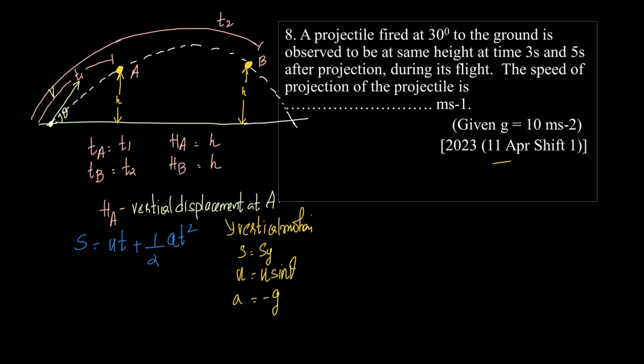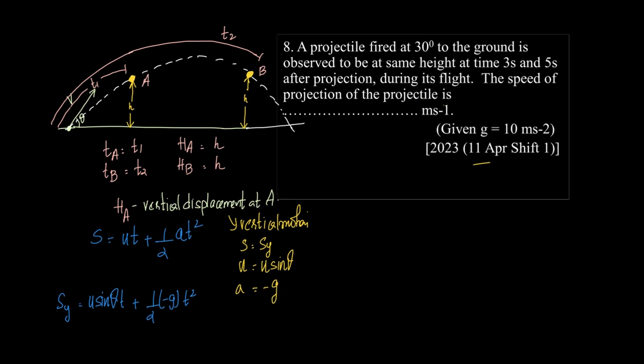So if we substitute these values here, what do we get? Sy is equal to u sine theta into t plus half into minus g into t square.